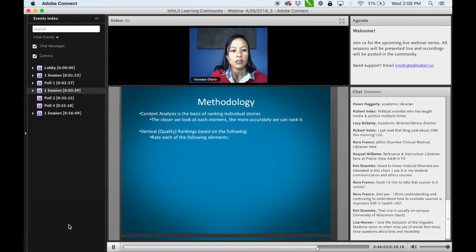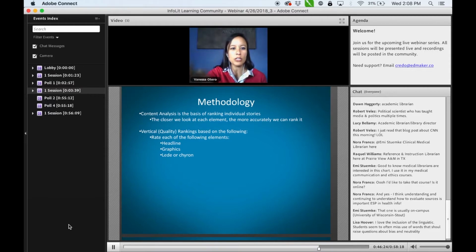So the vertical rankings are based on rating each of the following elements, including the headline, the graphics, unflattering pictures of a political figure that are unnecessary, for example, the lead or the chyron. So the lead would be just the subtitle, the chyron would be right here underneath the anchor's head.